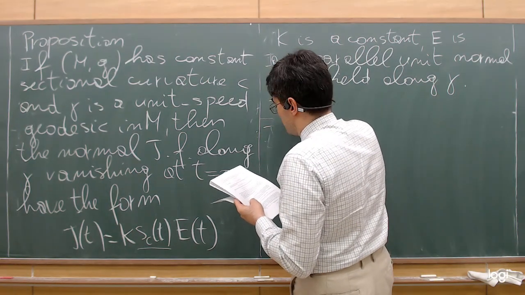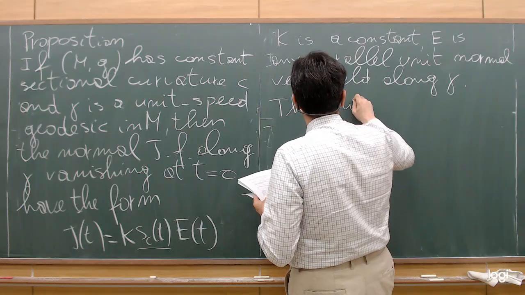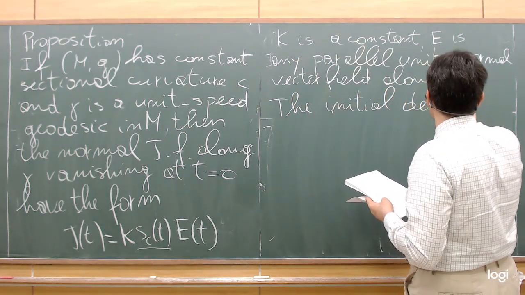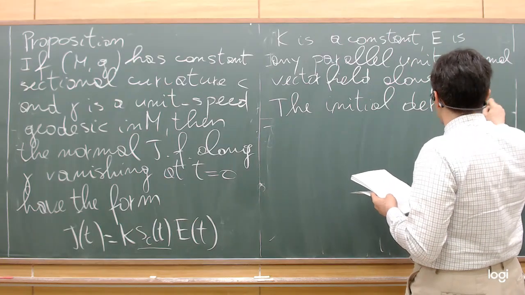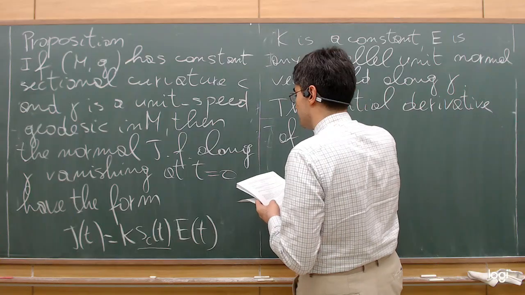It is also possible to write down a formula for the initial derivative of Jt.